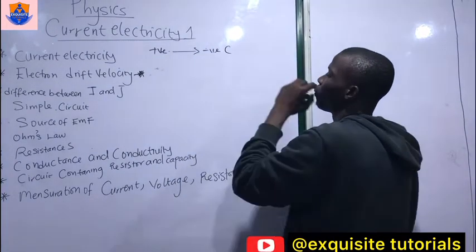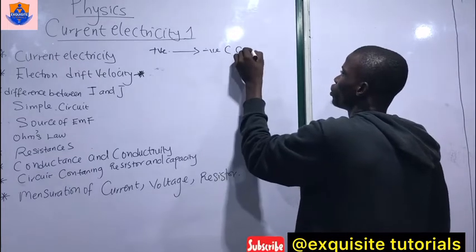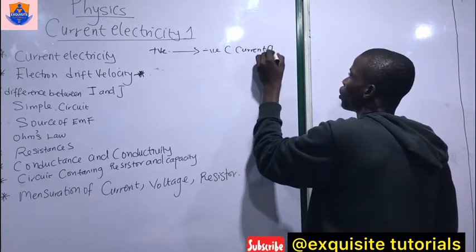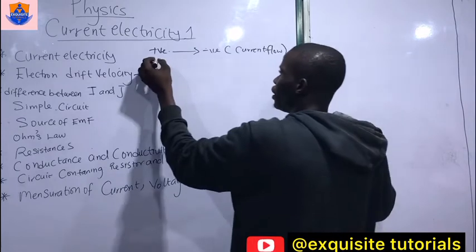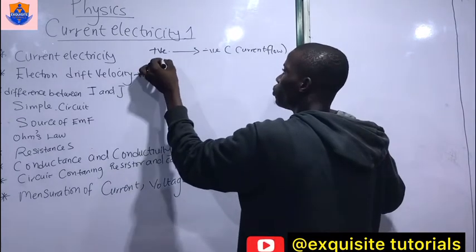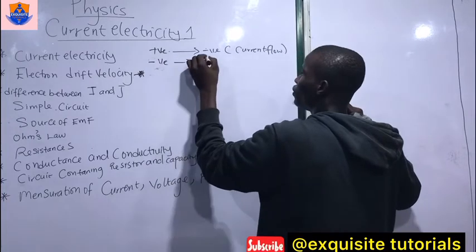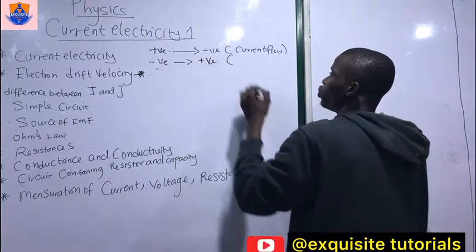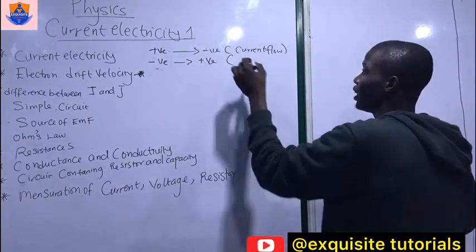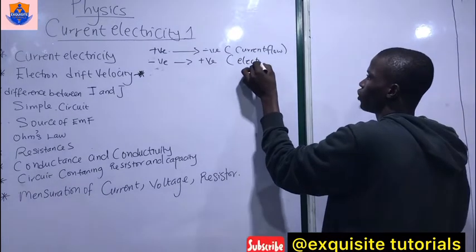But when it moves from the negative end to the positive end, take note, electron is the one flowing.